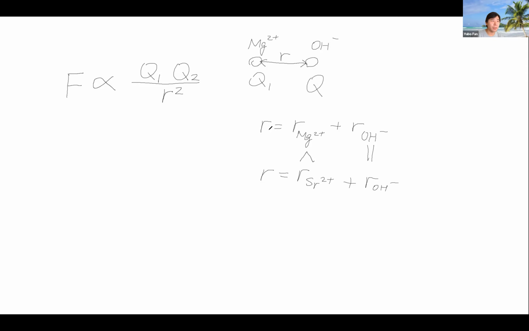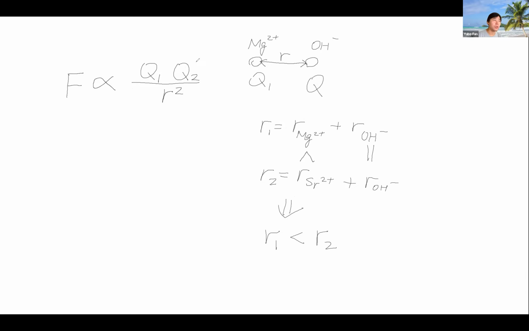So we can write that this is 1, this is 2. Then we have the result R1 is less than R2. And we know in the two cases Q1 and Q2 are all the same, because the hydroxides are the same, and magnesium and strontium both have 2 positive charge.